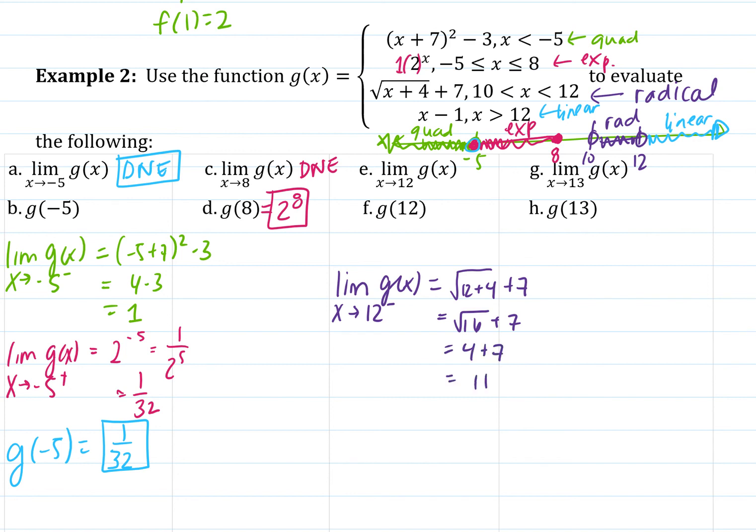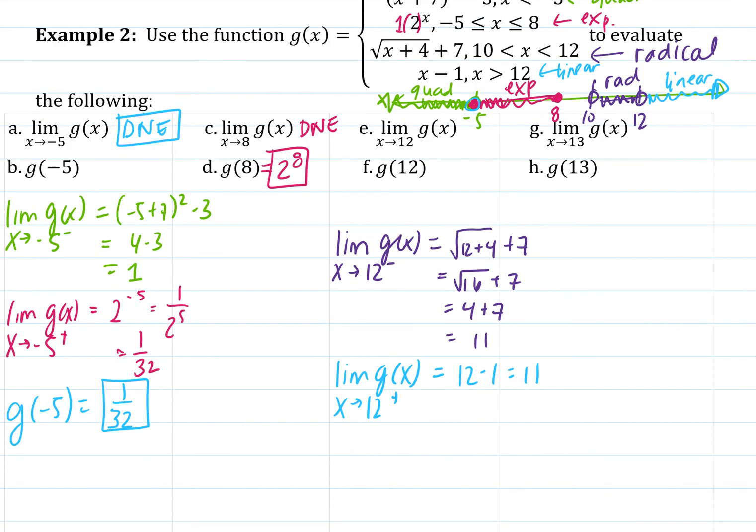And now let's check on this linear piece to find the right-handed limit, which will give us 12 minus 1, which is also 11. So since the left-handed limit and the right-handed limit exist, and since they're the same, we conclude the two-sided limit is 11. And g of 12 is undefined. There is no closed circle. There isn't an x value 12 in this function.